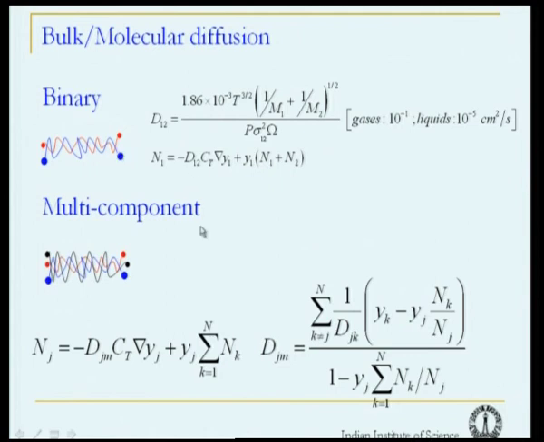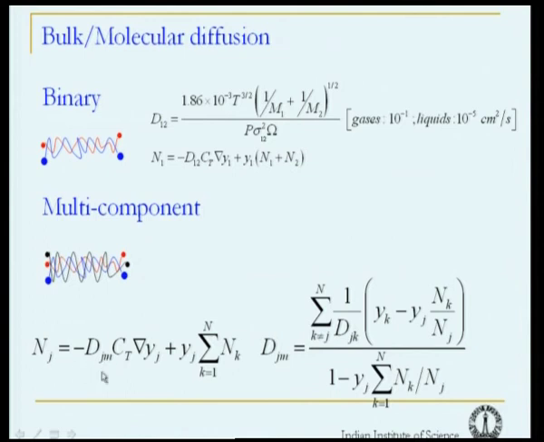Now, when it comes to multi-component, in a reacting species you will have a multi-component system, and for a multi-component system the Stefan-Maxwell equations are available, but those are not very convenient to work with. So, what we have is an effective diffusion coefficient DJM.